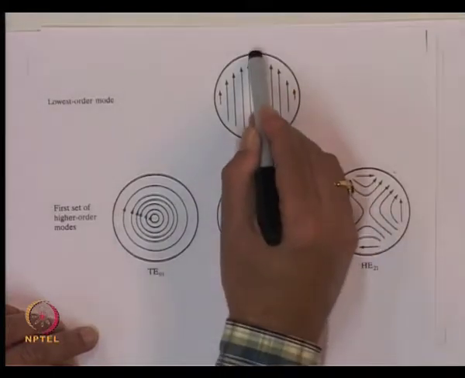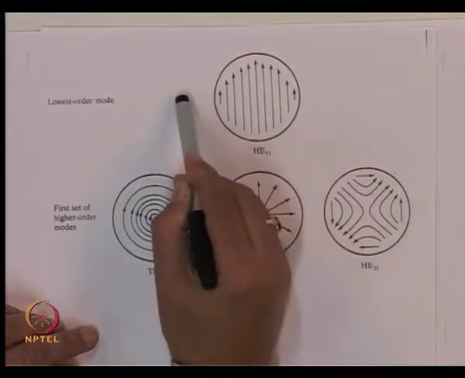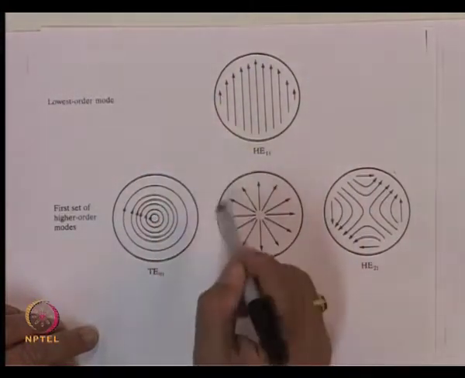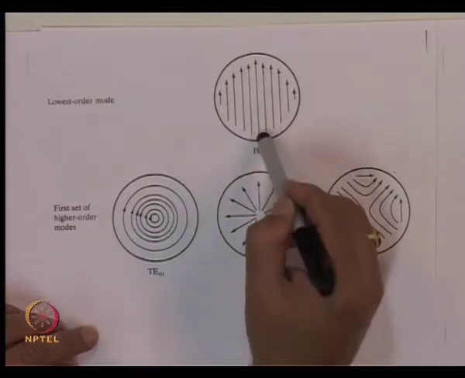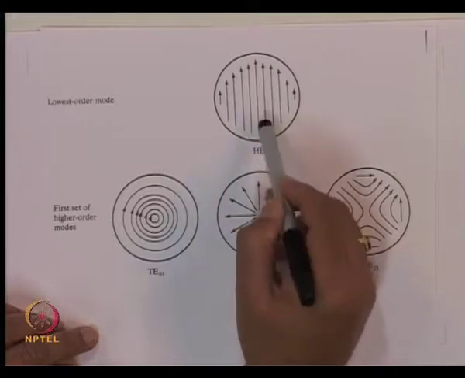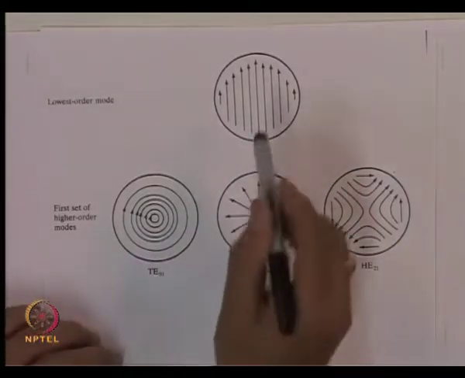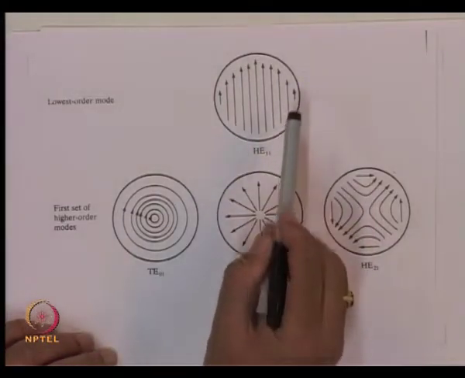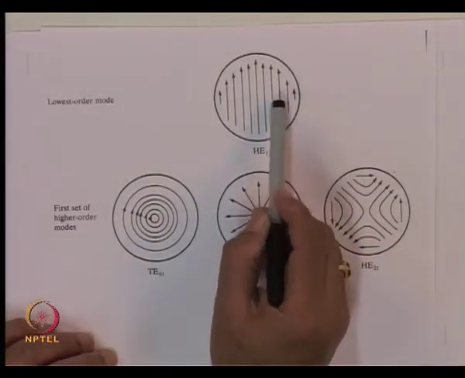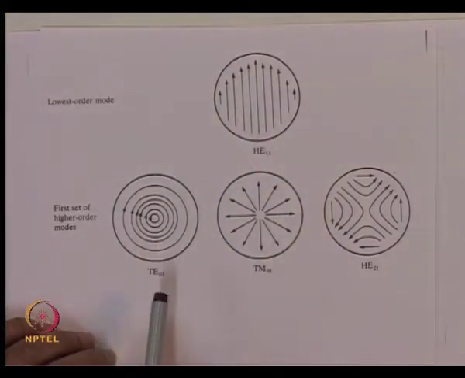If I come in this direction, the R component is maximum. If I come here, the R component, which should be oriented this way, is 0. And when I come here, the R component is oriented in the negative R direction, because R should be coming this way. So, you get 1 cycle variation here. It goes from 0 to positive maximum to 0 to negative maximum.